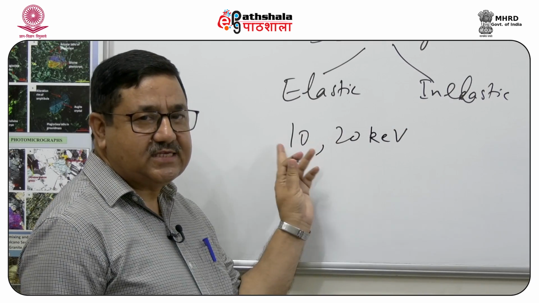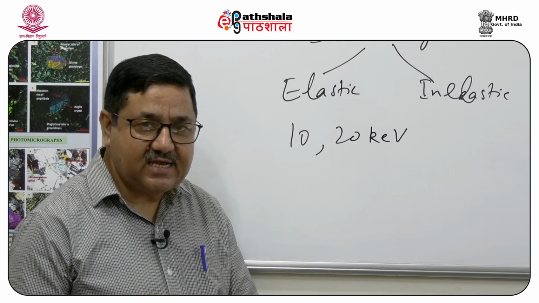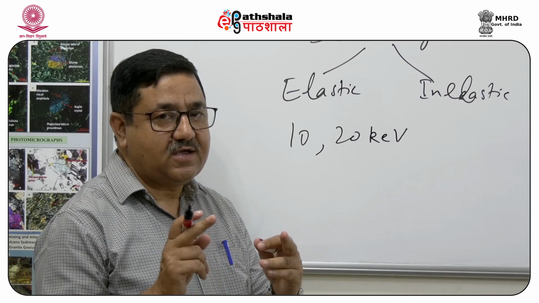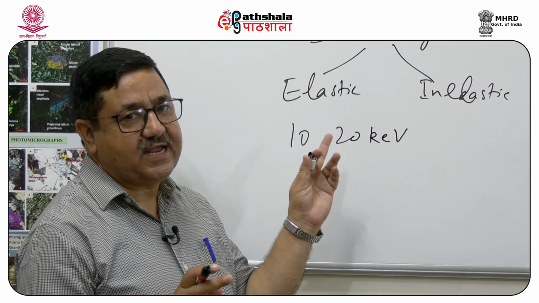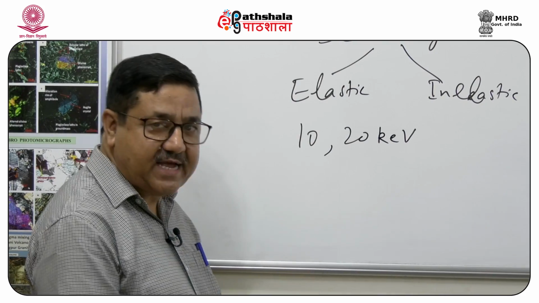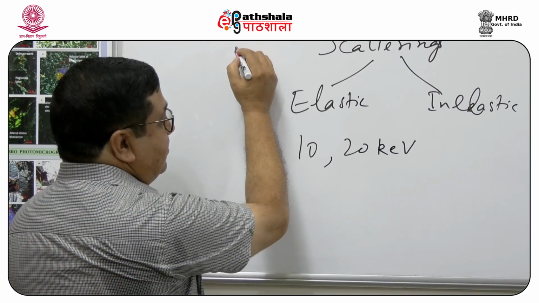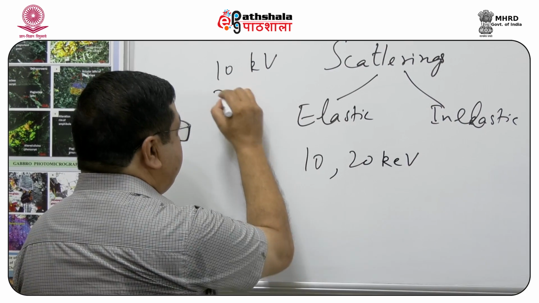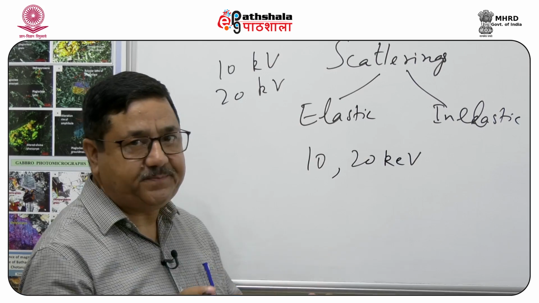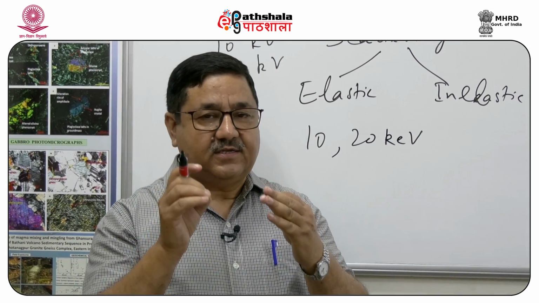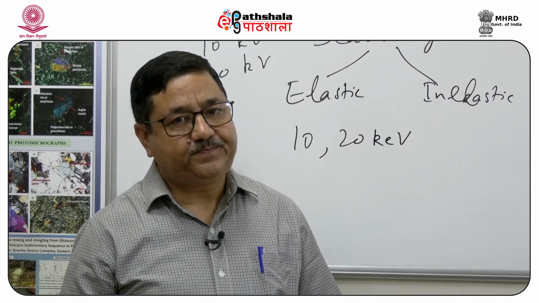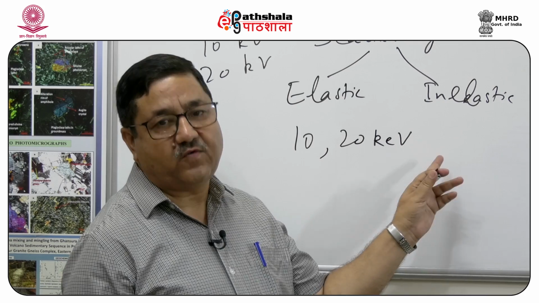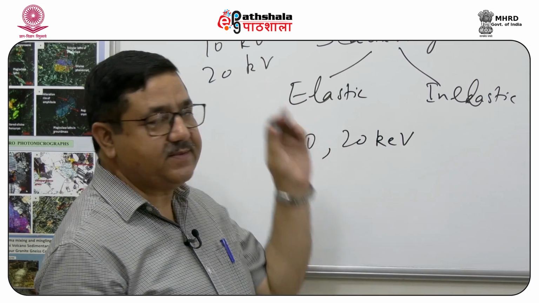Now, this numerically is same as the potential difference which is applied to generate the electron beam, but the unit of that is kilovolt. So, 10 kilovolt or 20 kilovolt potential will lead to the emergence of an electron beam, which will have unit of kilo electron volt, but numerically it is similar.